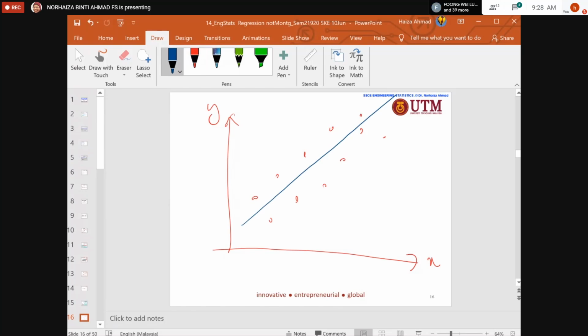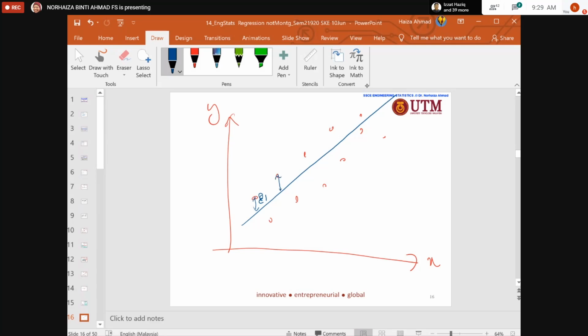Our objective of this line is so that each distance between observation and our predicted line, or predicted model, or our model, is small. Each distance between observation and our line is the distance kan? So we call this error 1, epsilon 1.